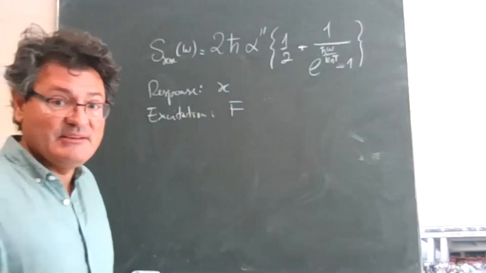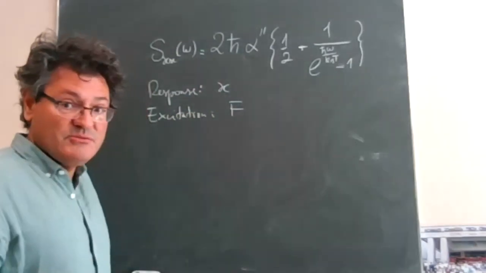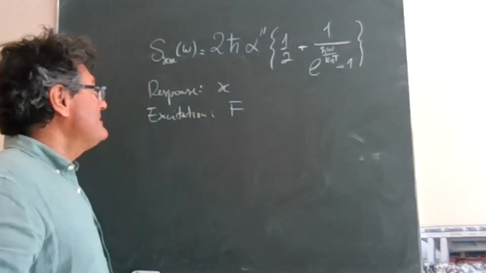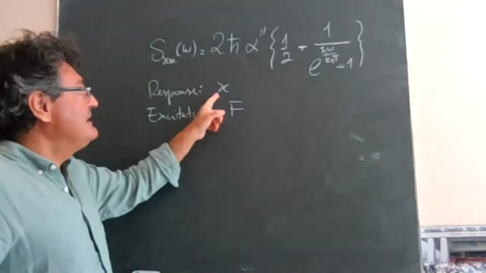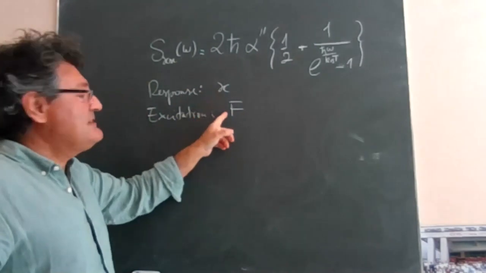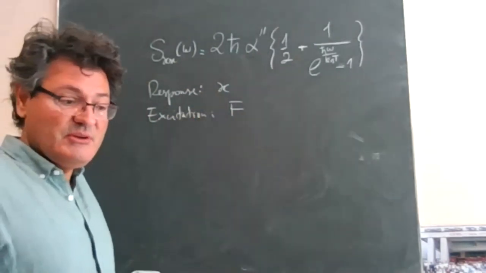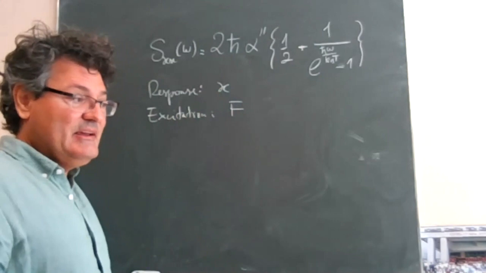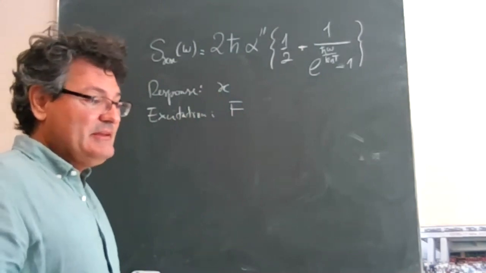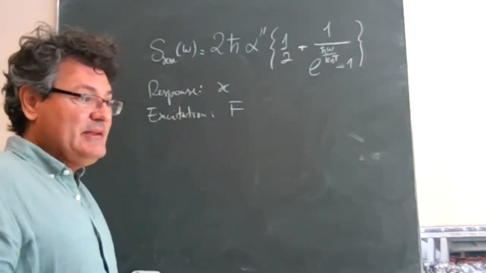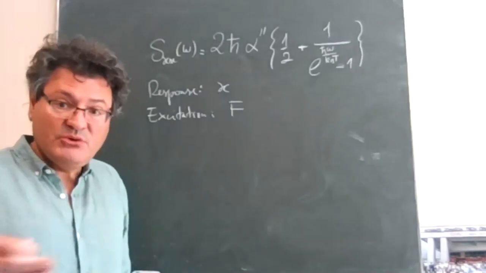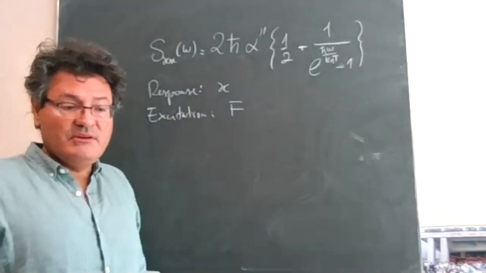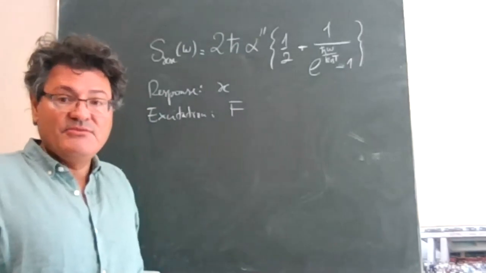This is a very important rule, because the product x times f should represent the external interaction that you add in the Hamiltonian of the free system.